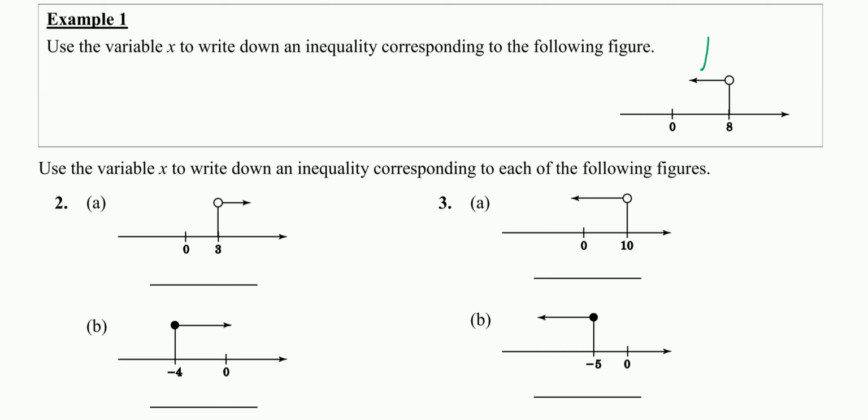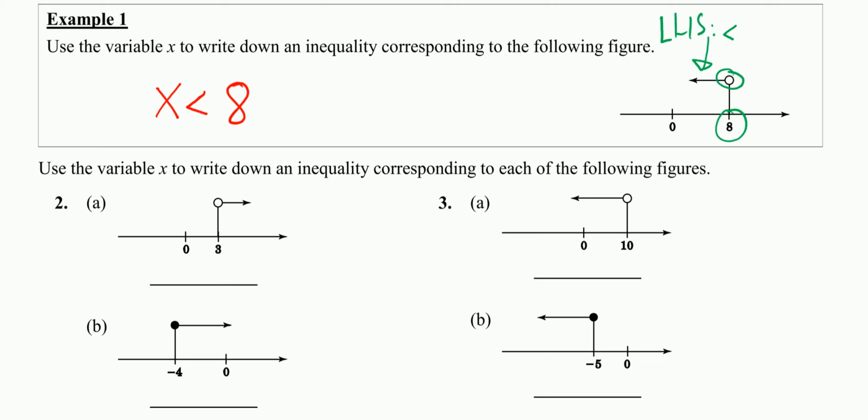First of all, this is the left hand side, which means less than. And for the second case, it is a hollow circle, so that means this is not less than or equal to. So just simply follow the numbers and write down x is more than 8.